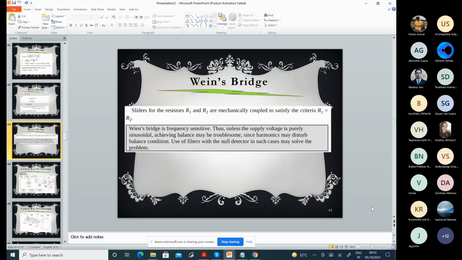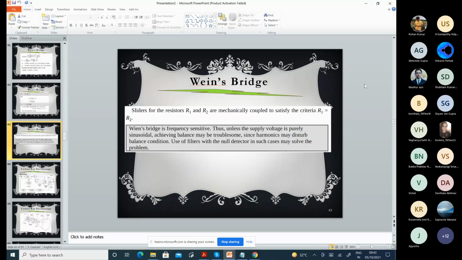Today I'm not going to start another chapter, but the next day I will start with measurement of resistance, which is pending. We did not learn till now how the measurement of resistance can be done. It could be very small resistance, intermediate resistance, or very high resistance.